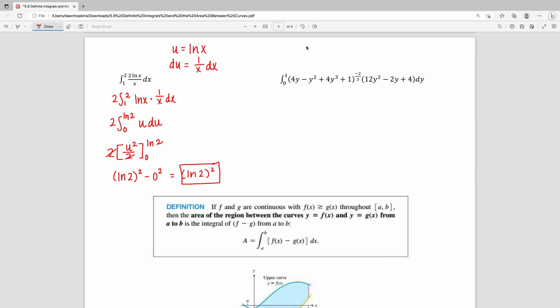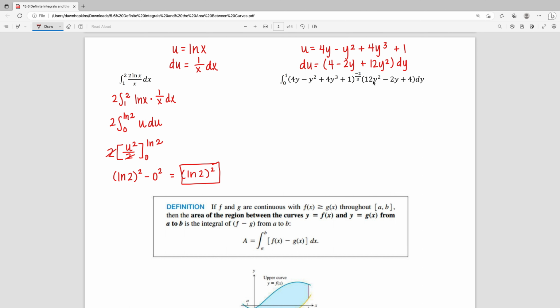So here, u will be equal to 4y minus y squared plus 4y cubed plus 1. So then du is going to equal 4 minus 2y plus 12y squared dy. And you can check, even though the order is different, the 4 minus 2y plus 12y squared, it's identical to what we have here.